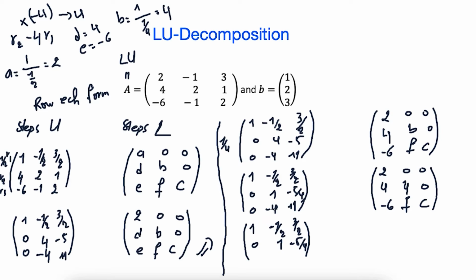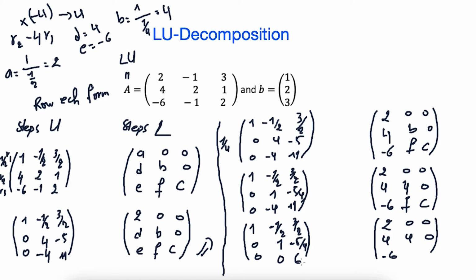To get 0 here will be -4 plus 4, that means 0, and for the 11 here it is plus 4 times -5 over 4, so it will be 11 minus 5, which is 6. And as we multiply here by 4, we will take its inverse to be F, so F will be -4.